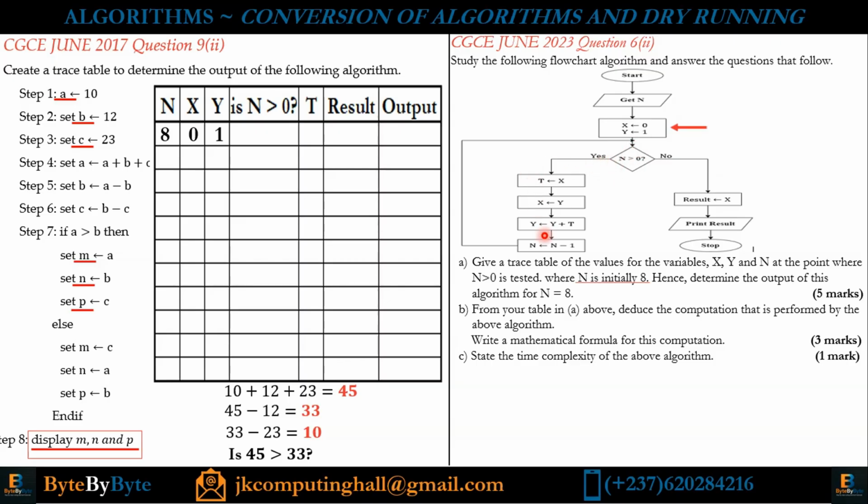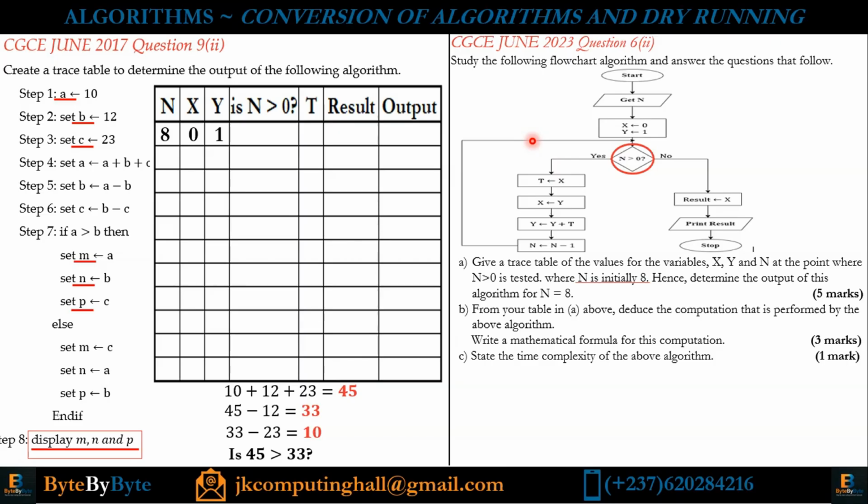If the arrow comes back and enters the loop, it means it is a pretest loop, which is the while loop. But if you have an arrow coming back to a particular instruction, for example if this arrow was coming back to x and y, then we would be talking about a post-test loop. So in this very question, we are having a pretest loop.